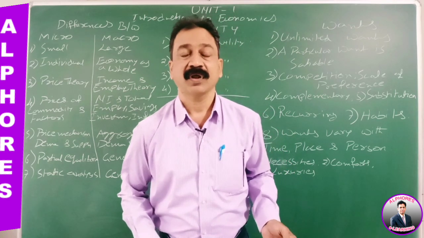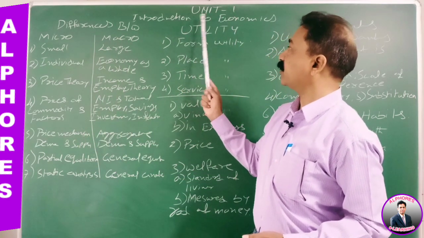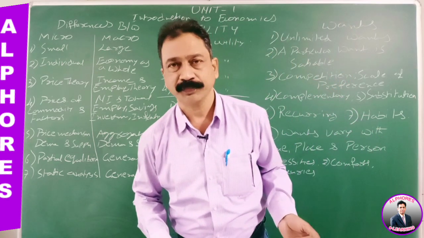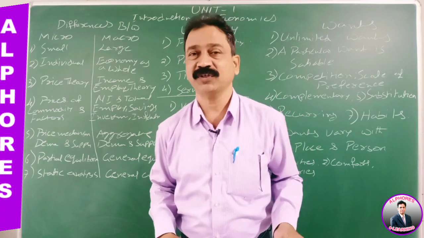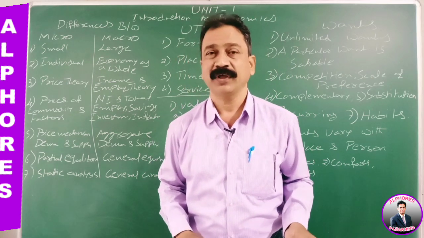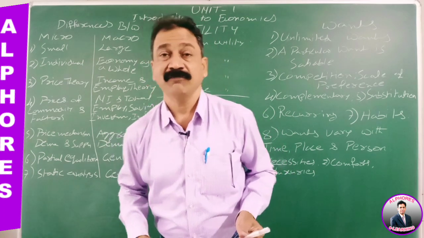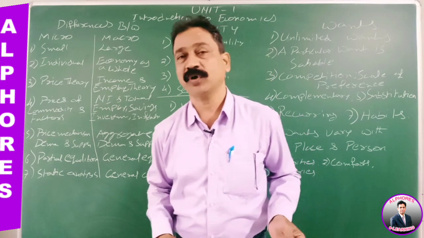Okay, we are continuing with Unit 1, Introduction to Economics. Today we are going to conclude the first unit. Before that, I want to recap. In the last session, we were discussing the scope of microeconomics and macroeconomics.